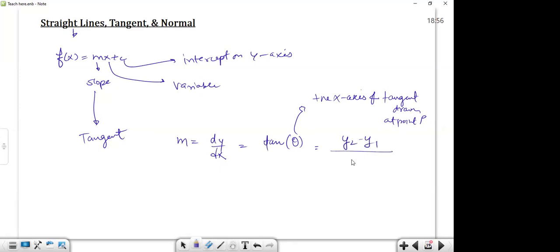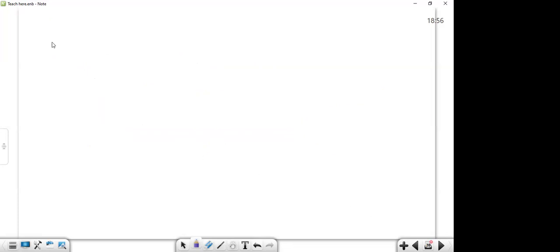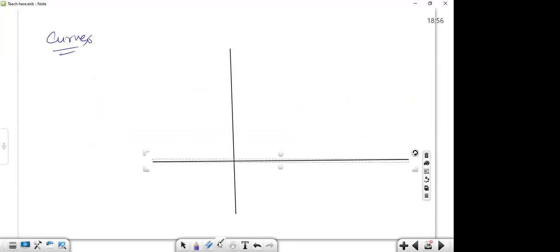Basically it is another form where we take some change in y and then change in x. So this is about tangent. So for curves also, we find the tangent. Let me draw a figure for you to understand better.